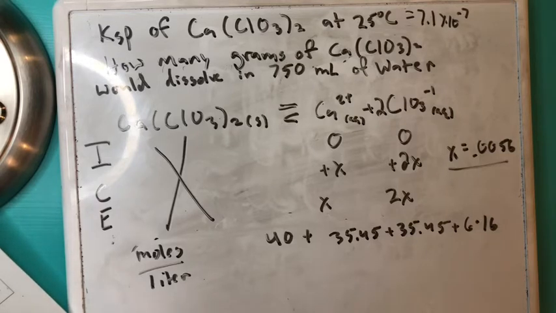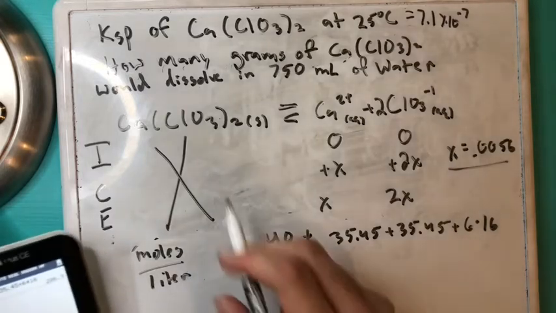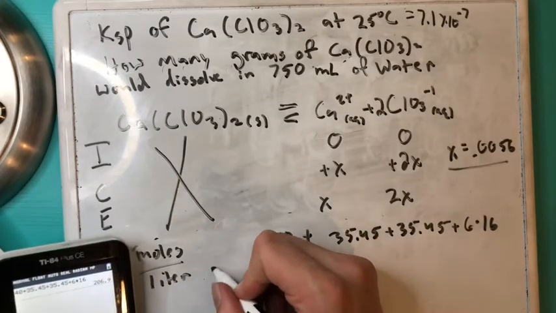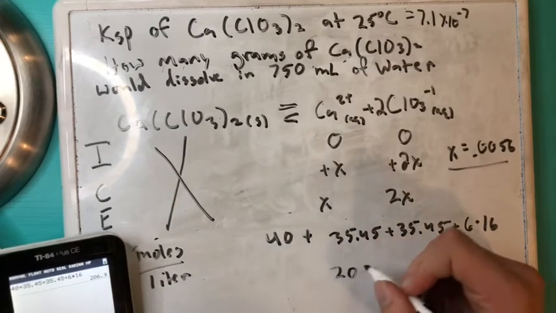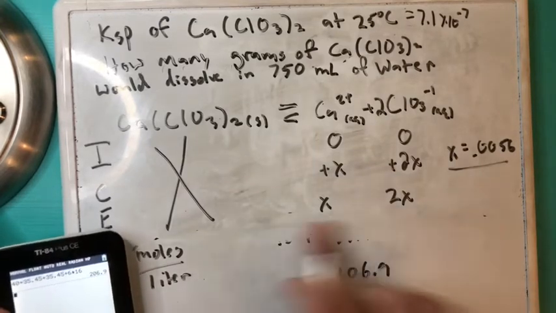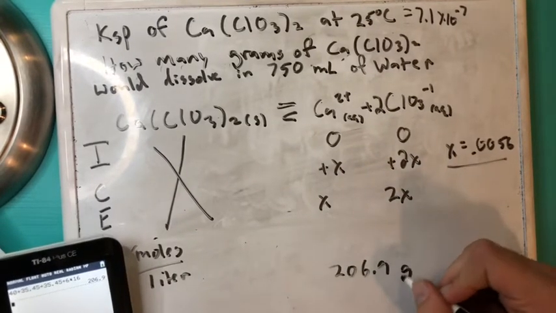So the molar mass of calcium chlorate is 206.9 grams.